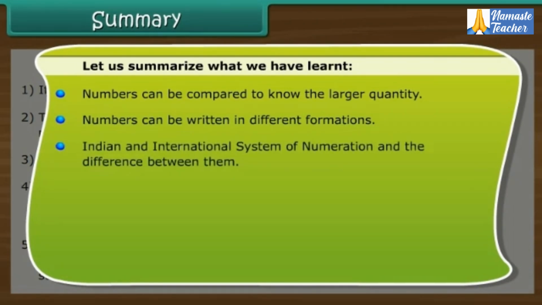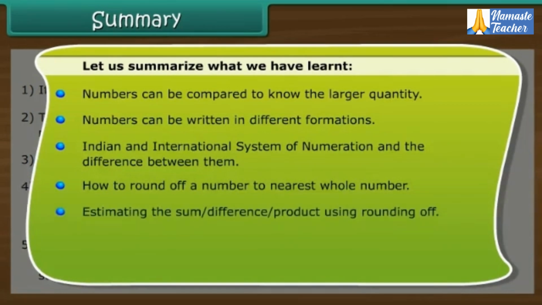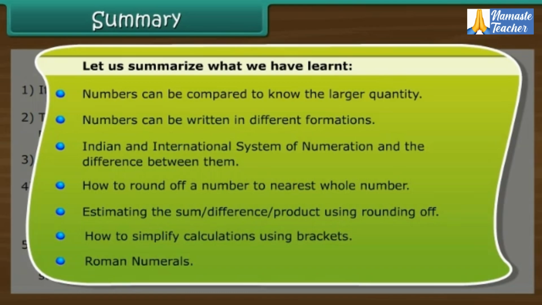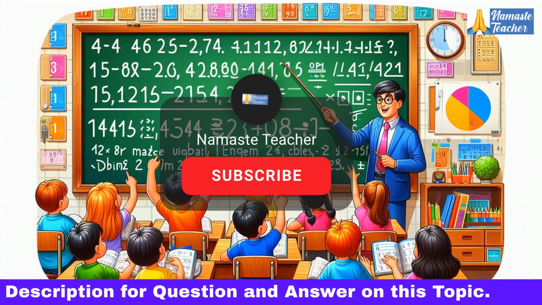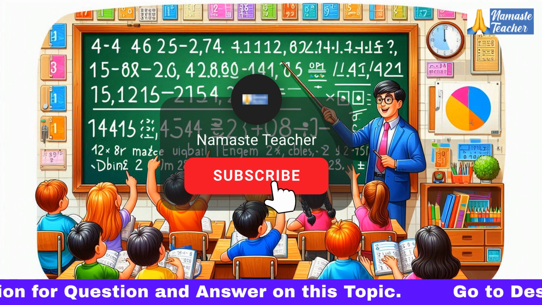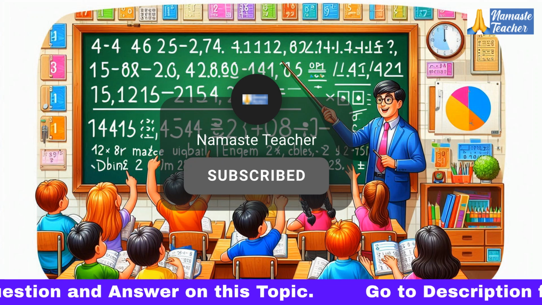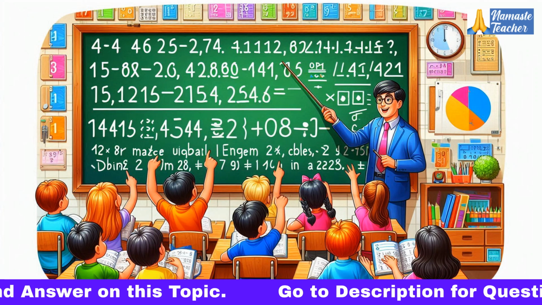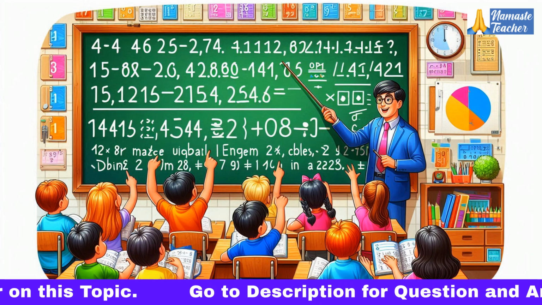Indian and international system of numeration and the difference between them, how to round off a number to nearest whole number, estimating the sum, difference, product using rounding off, how to simplify calculations using brackets, Roman numerals. In this video, we explored essential number concepts for Class 6, including comparing numbers, estimation, simplification, and Roman numerals.